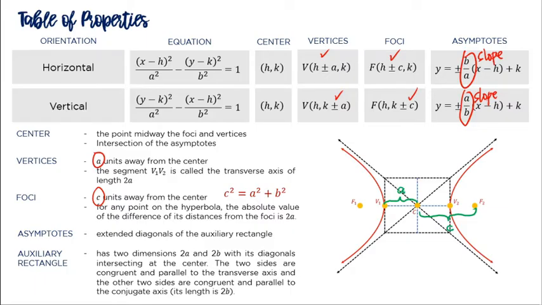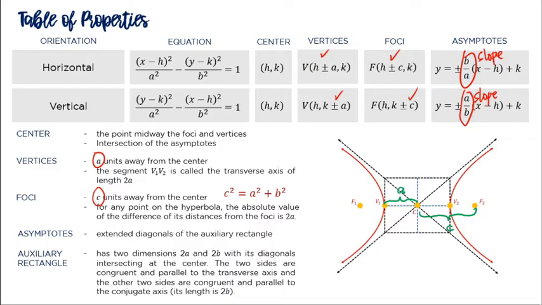So, saan galing yung 2a and 2b? Okay, with its diagonal intersecting at the center. So, for us to know that 2a and 2b, look at the illustration. The two sides of the auxiliary rectangle are congruent and parallel to the transverse axis. So, therefore, the two sides there has the length 2a.